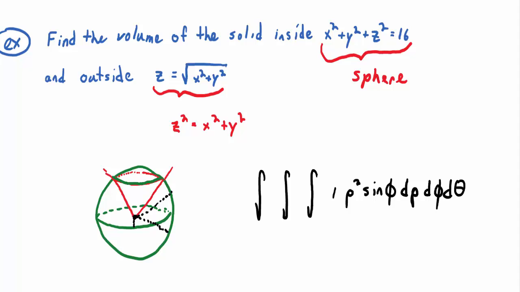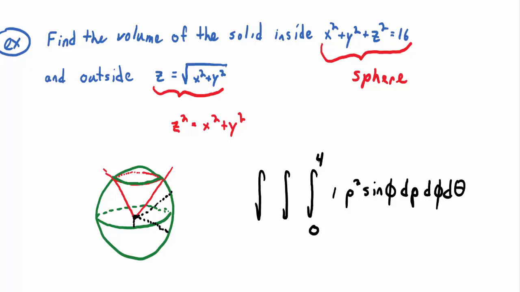I will. And what is the radius of that sphere? 4. So rho runs from 0 to 4. Does that make sense to you? Now the others, don't think the limits will always be constant. In this case, I think they will.